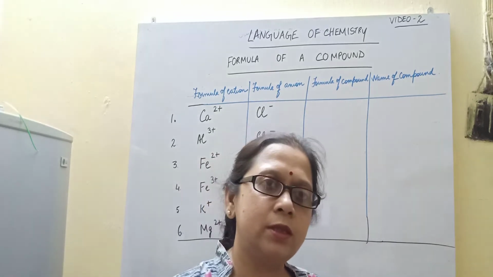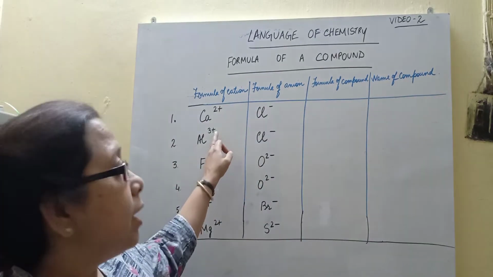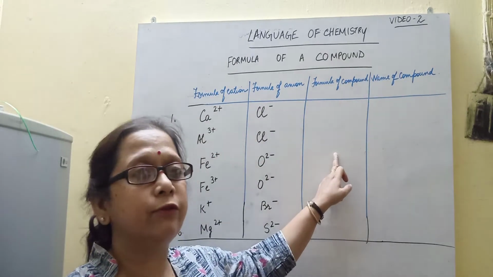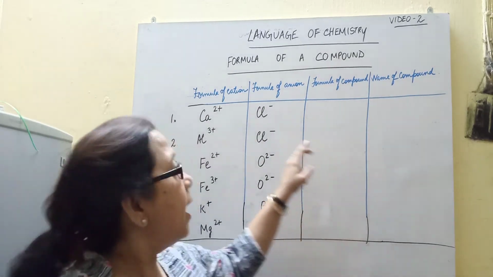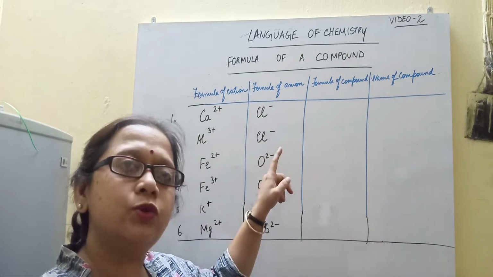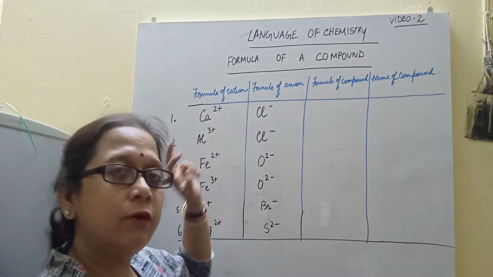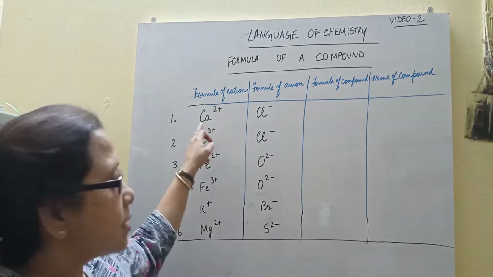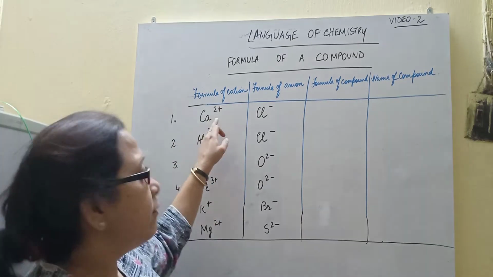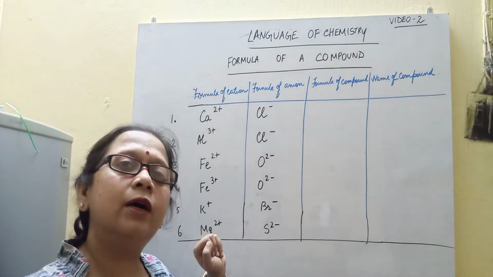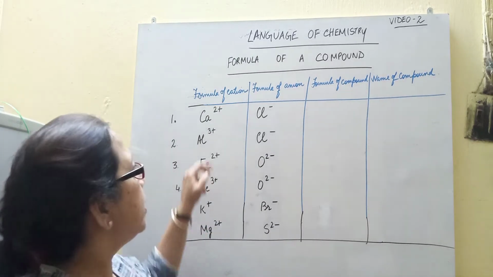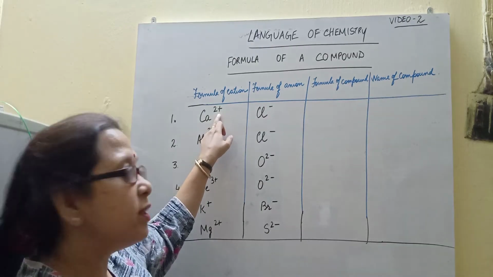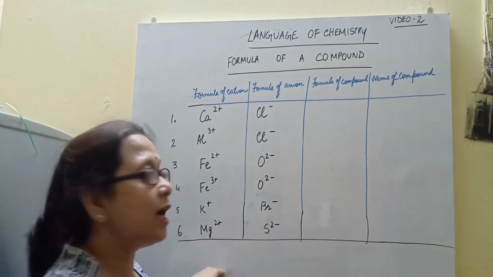Now students, this is another way in which you will be able to write the formula of compounds, and you have to know how to write it from the formula of its ions. I told you in the last classes that the valency of the ion can be obtained from its charge. So this is the formula of the cations. Just have a look.